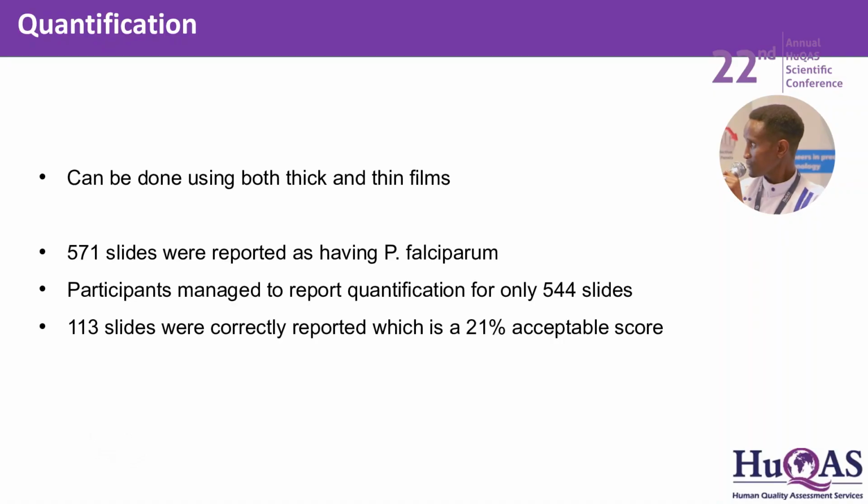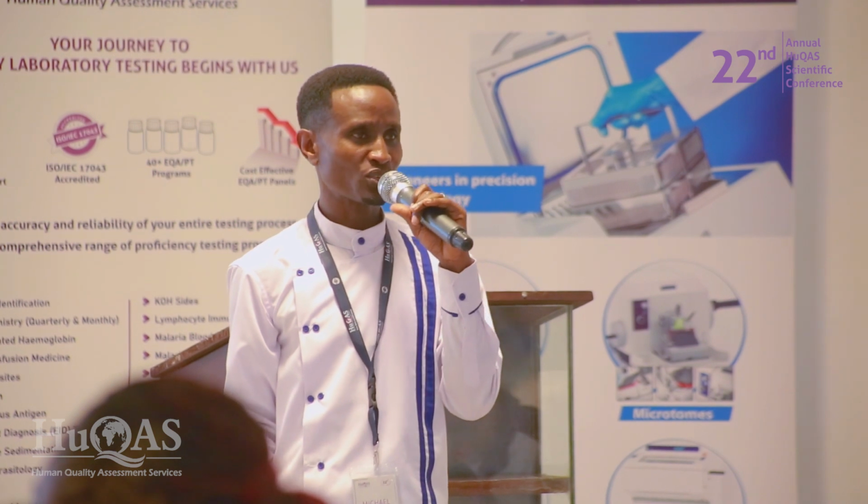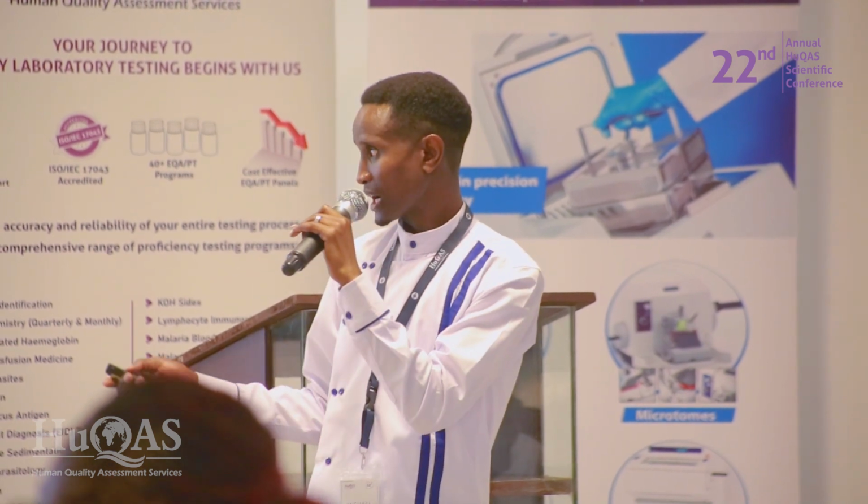Now, this is how we do it. We do quantification using both the thick and thin film. The parasitemia is very important for us to be able to pick which method we are going to use. For low parasitemia, we use thick films, but for high parasitemia, we use thin films. We'll see how we do the calculations.